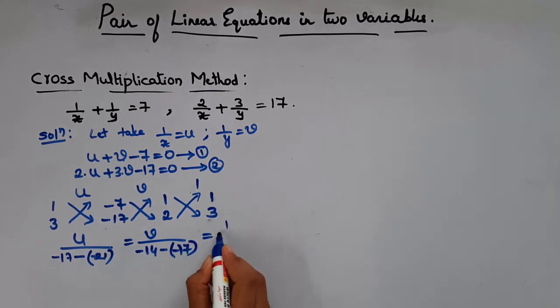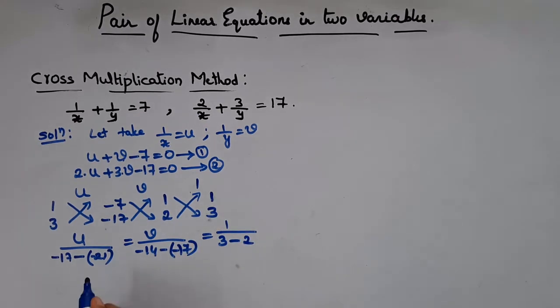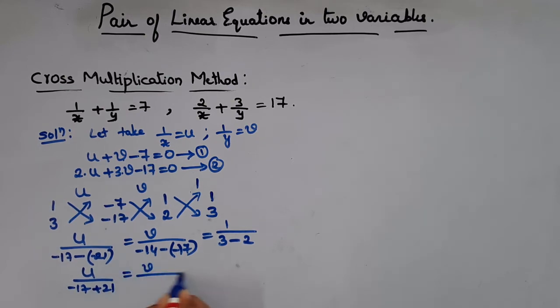Which is equal to 1 by 1 into 3 is 3, minus 2 ones are 2. So we have u by minus 17, minus of minus is plus 21, which is equal to v by minus 14, minus of minus is plus 17, which is equal to 1 by 3 minus 2 is 1.